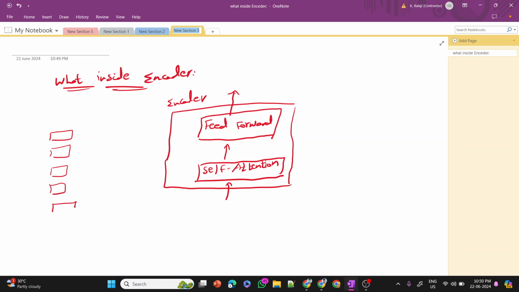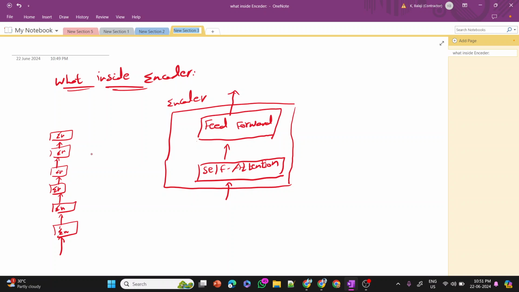We give the input to the first encoder, and we get the output from the last decoder.